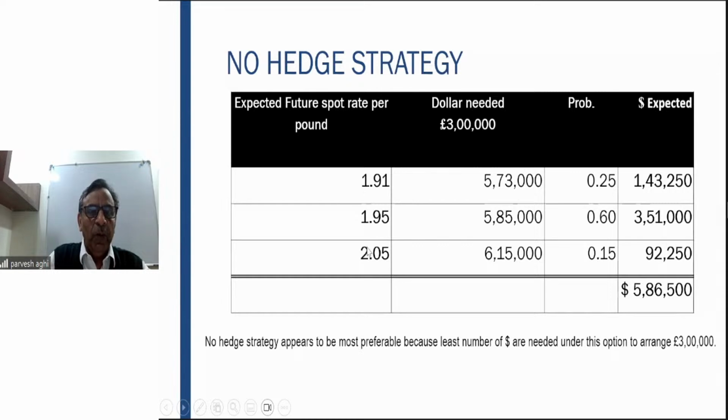So based on the probability of the scenario, at what rate the pound is going to close after 180 days, we have taken this and multiplied and converted them into dollars, at 3 lakh pounds multiplied by 1.91. So it gives you 5,73,000.25. It gives you the expected dollar flow for this respective probability. So if we just add them, we get 5,86,500.